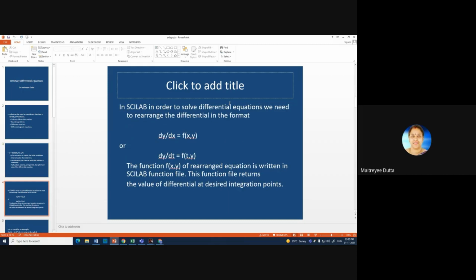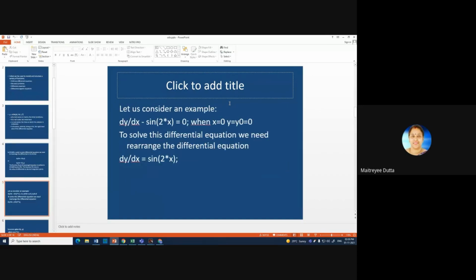If our equation is dy/dx = f(x,y), then from here how to find y? That is actually our motive, to find the value of y.